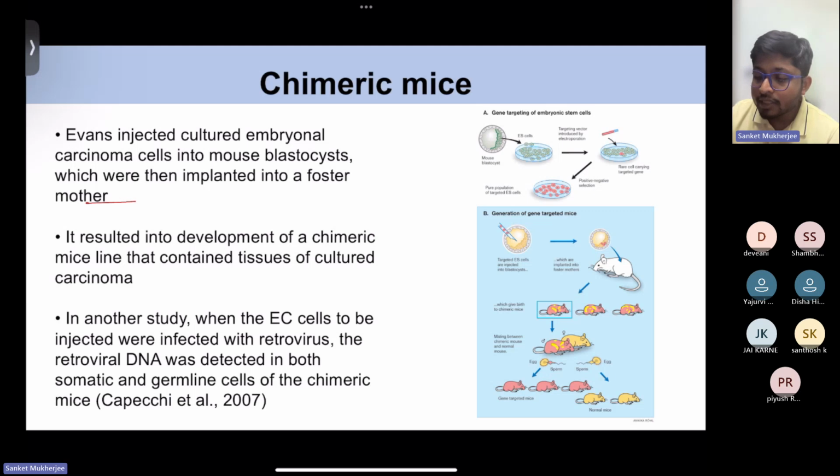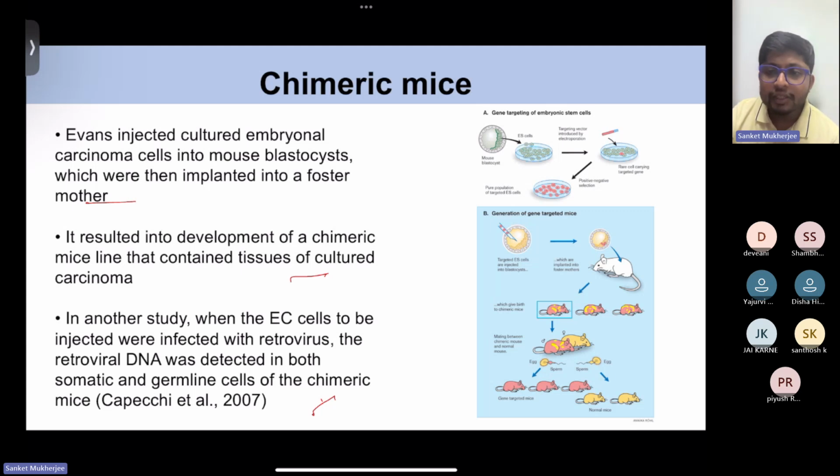It resulted in development of a chimeric mice line that contained tissues of cultured carcinoma. In another study, when the embryonic cells to be injected were infected with retrovirus, the retroviral DNA was detected in both somatic and germline cells of the chimeric mice.